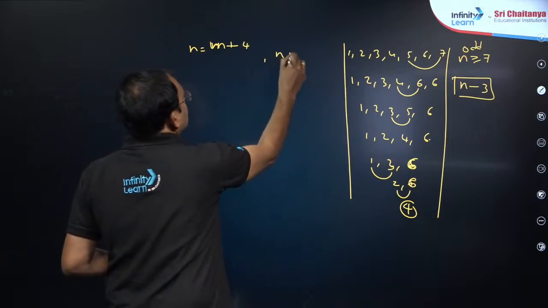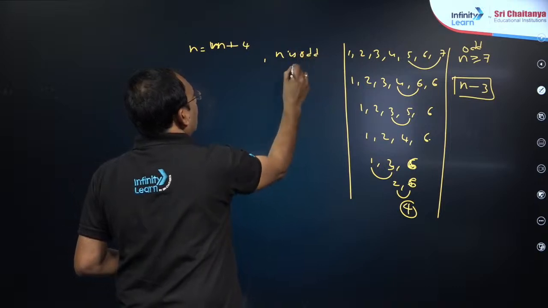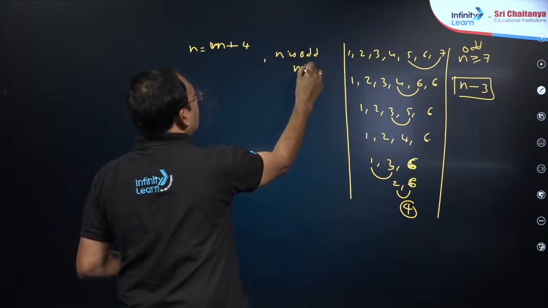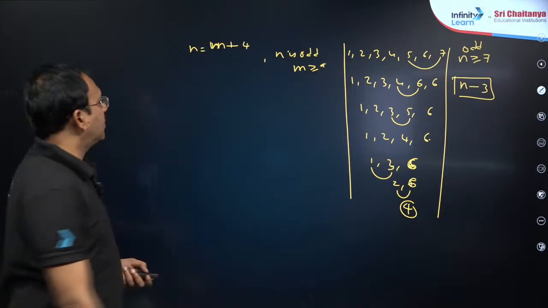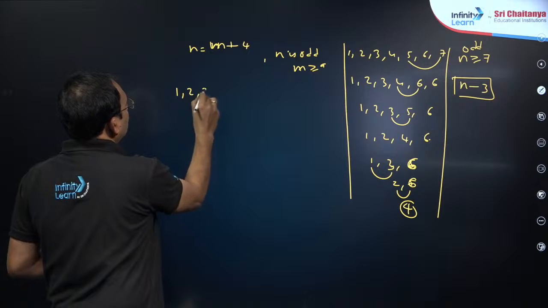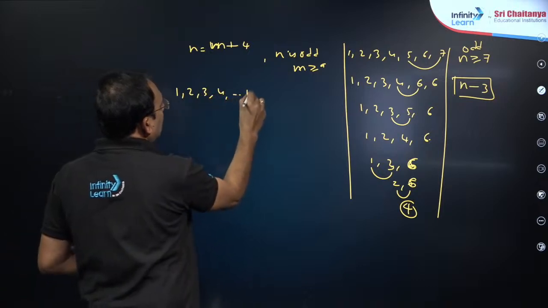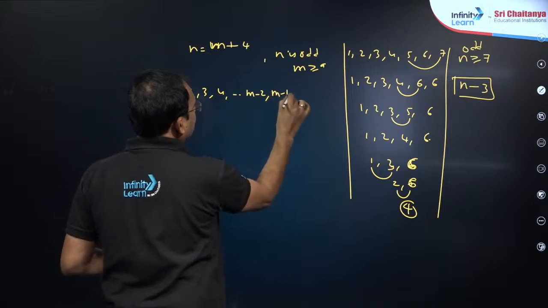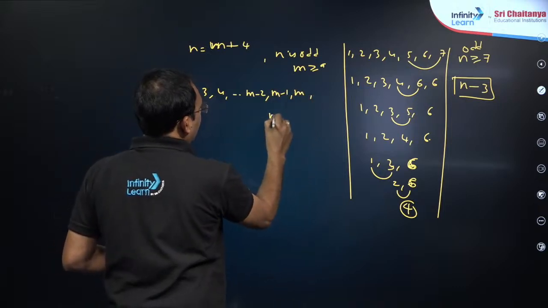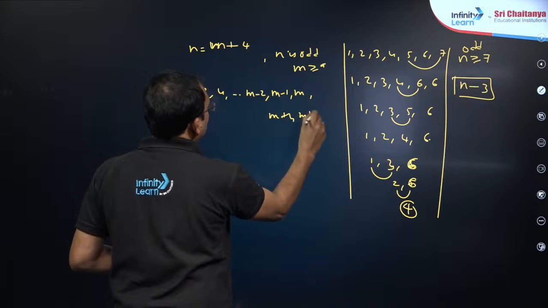So m is odd, and m is greater than or equal to 5. In this case, let me take 1 2 3 4 and so on, up to m minus 2, m minus 1, m plus 1, m plus 2.